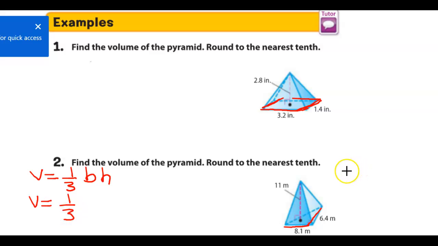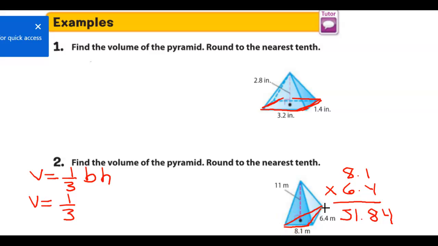So the base is going to be 8.1 times 6.4. Let's do that, and that's going to give me 51.84. Now I want to be careful, because that would be if the bottom was a rectangle, but the bottom is half of a rectangle.